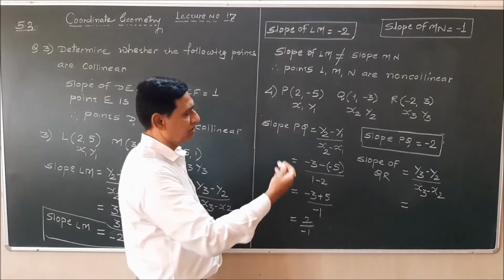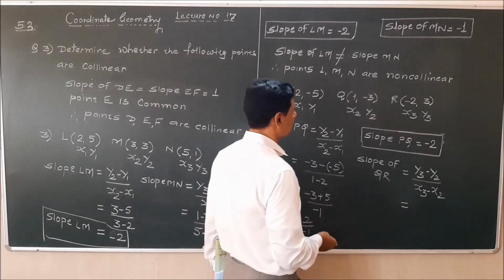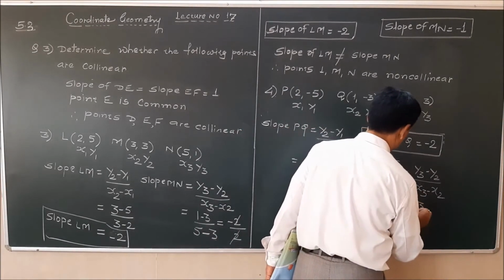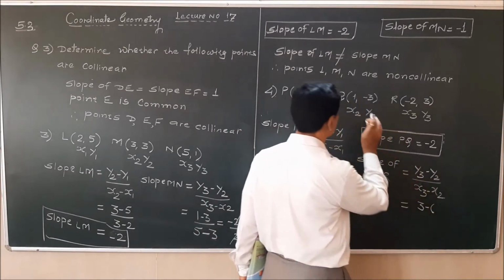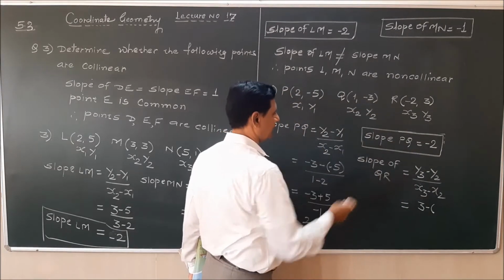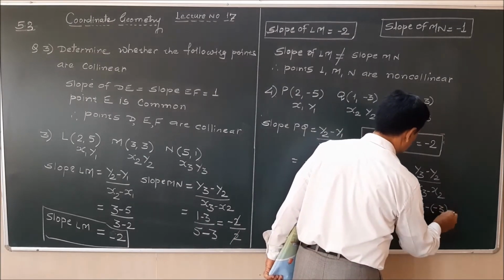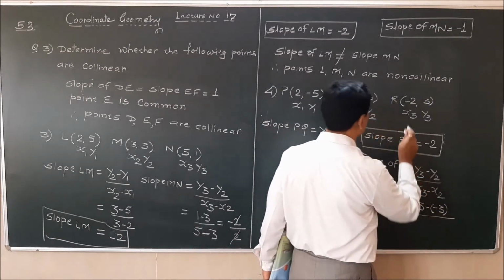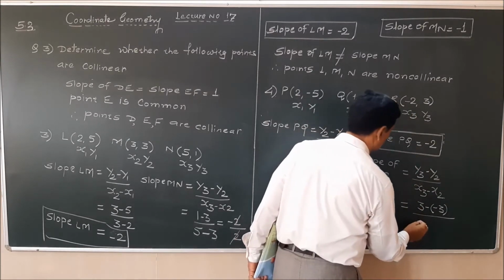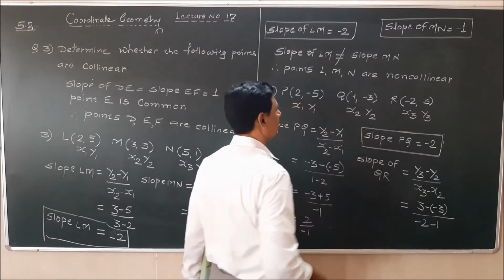Difference between y coordinates upon difference between x coordinates. So y3 is 3 minus of minus 3, because y2 is minus 3. x3 is minus 2 minus 1, because x2 is 1.